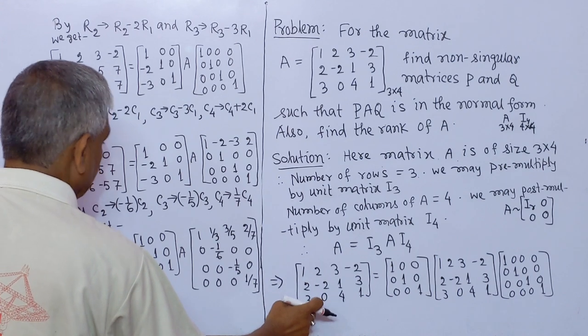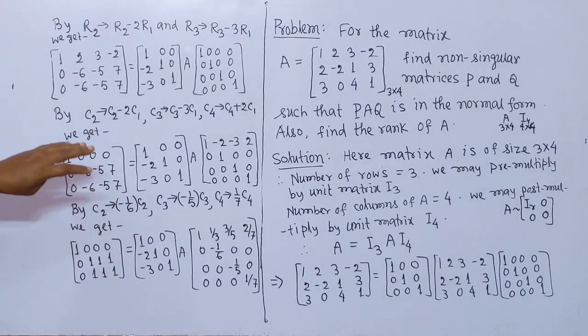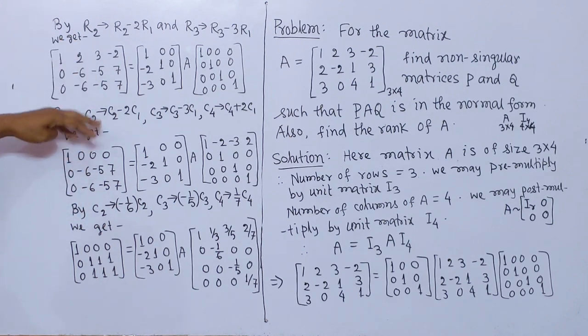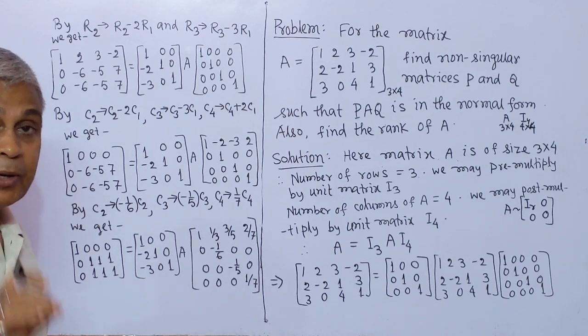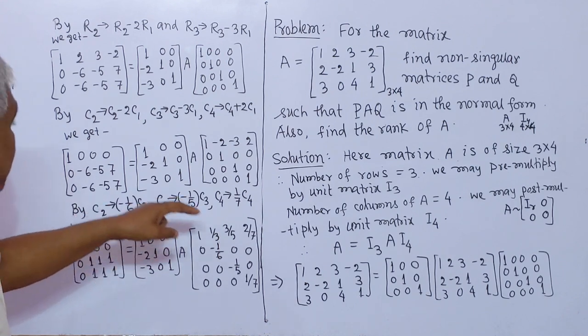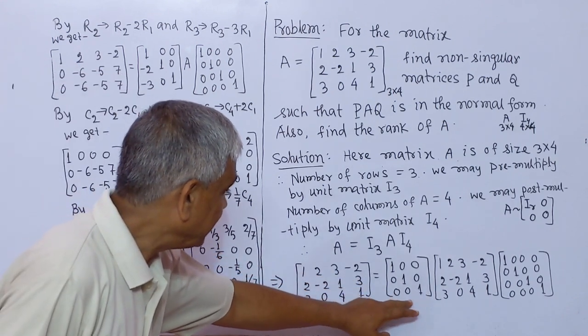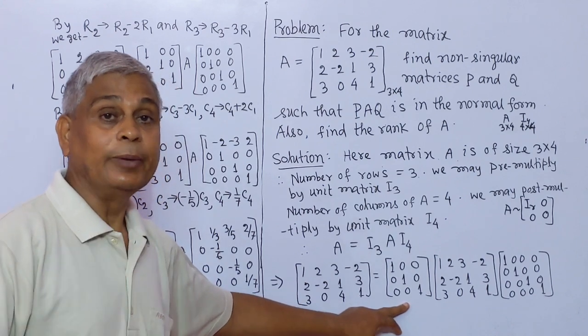So we will get here 0, 1, 0, 0, and consequently other elements will be affected. This is the elementary row transformation. For this, we will have to perform the elementary row transformation on this I3, pre-multiplication with the corresponding elementary matrix.